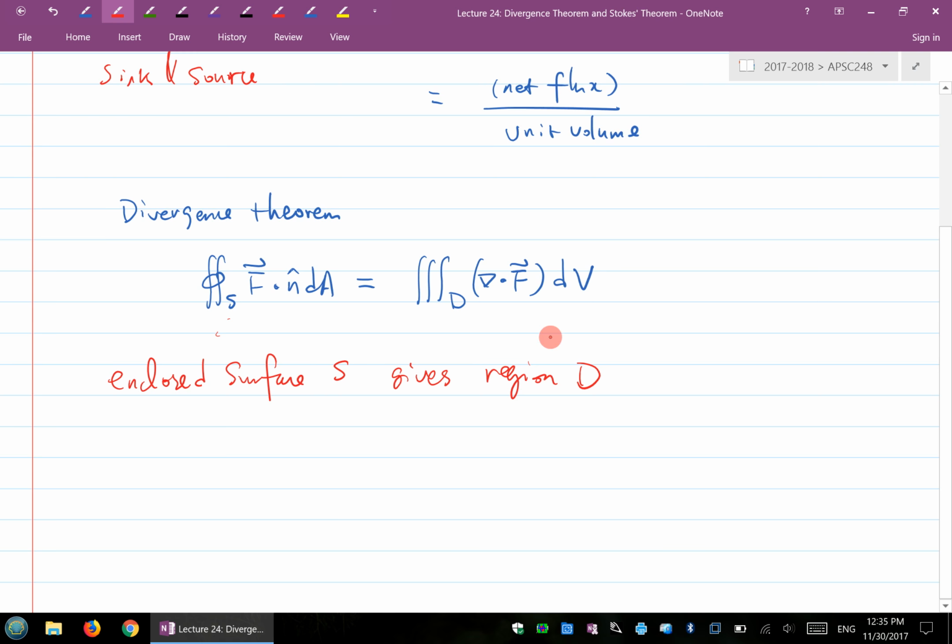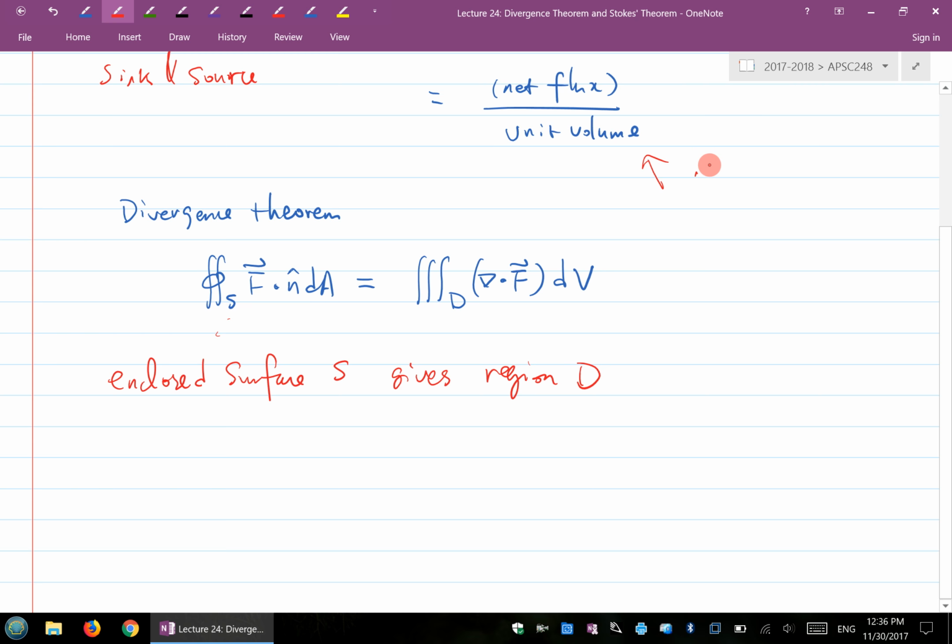If we are going to calculate the net flux through this enclosed surface S, we can calculate it as it is. Alternatively, we can calculate this surface integral using a triple integral, integrating over this region D. The integrand is the divergence of the vector field. Divergence is sometimes called flux density.